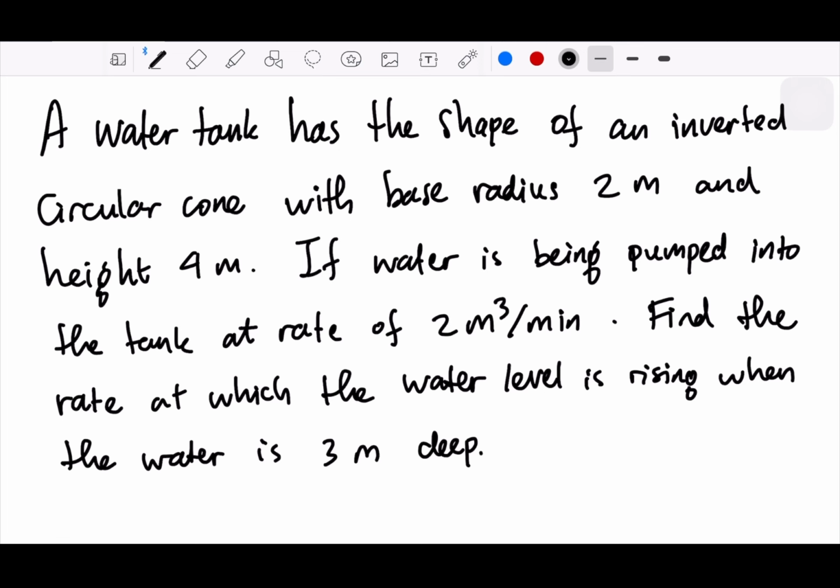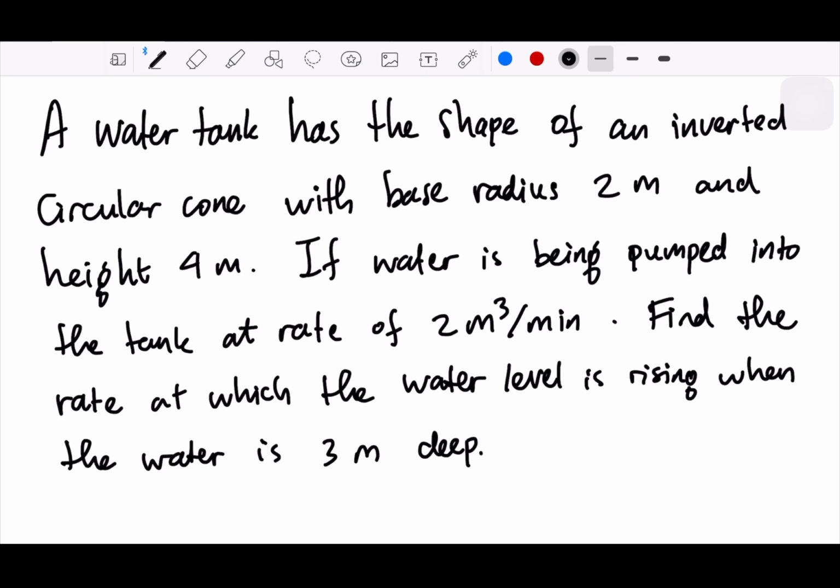So you need to understand the question first. You have a water tank. It has the shape of an inverted circular cone, which means it is a circular cone, but it's inverted. Okay. You switch the cone upside down. You have the radius, you have the height. So that means the water tank is constant, right? It's not changing shape.